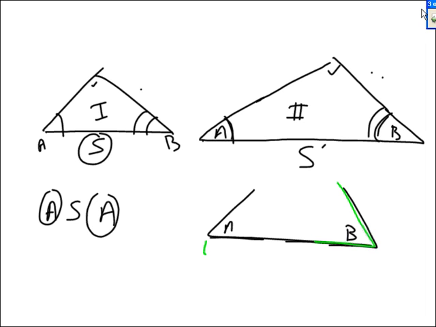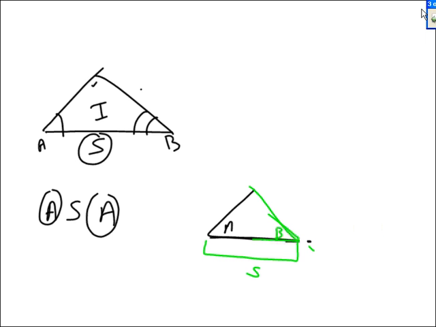Make sure that's length S. So, move this whole piece over here. Okay, this is angle B. It's the same angle. Now, those two triangles are the same. Which two? The two that remain now. They're the same, by ASA.